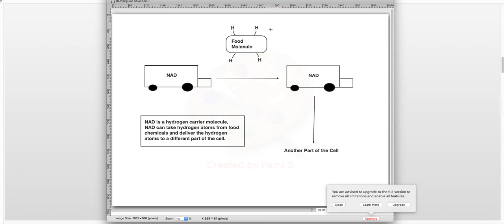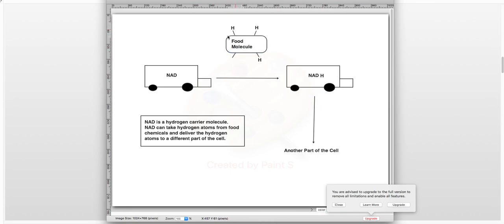So NAD is a hydrogen truck, and food molecules have hydrogen atoms. The hydrogen atoms have the fastest moving electrons, so they have the most energy. And what NAD does is it removes a hydrogen atom from food, and then when it does that, it becomes NADH, and the food molecule is now missing hydrogen, and it starts to fall apart.